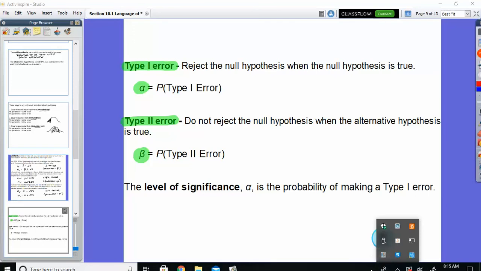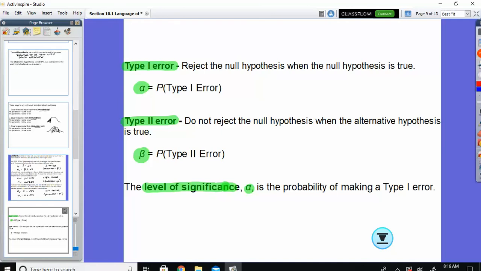A bunch of slack. All right, so you'll have to know the difference between type 1 and type 2. Both of these you made a mistake. Type 1 is when you reject it, but you shouldn't. Type 2, you didn't reject, but you should have, okay? When I ask about the probability of making an error, that is called the level of significance, or the alpha.